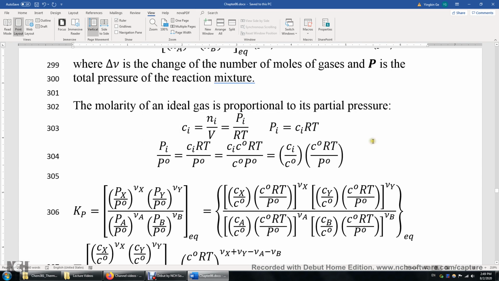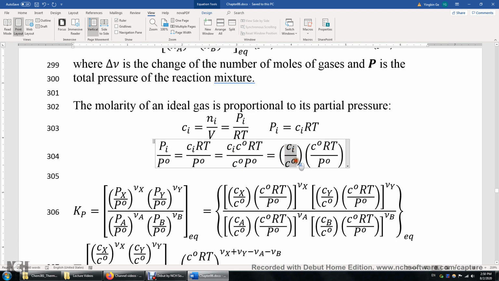Now, let's transfer this P sub I over P0. P sub I is C sub I RT over P0. And then we multiply the top by C0 and the bottom by C0. So you see C0 here, C0 here. And then C sub I over C0. That's the concentration of species I compared to the standard state in concentration.